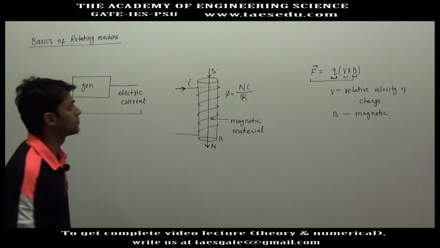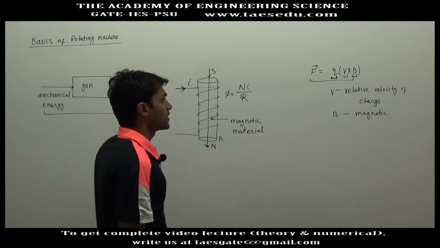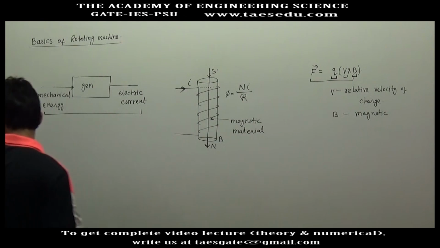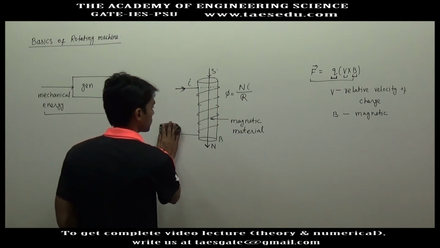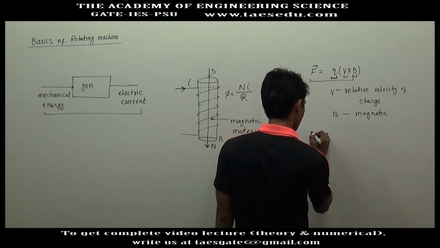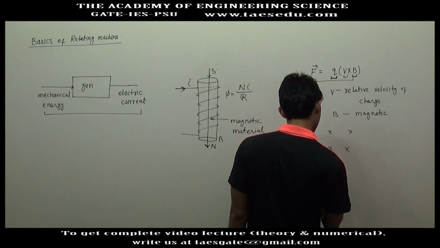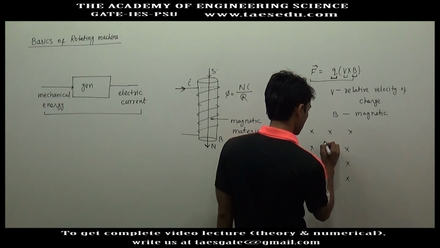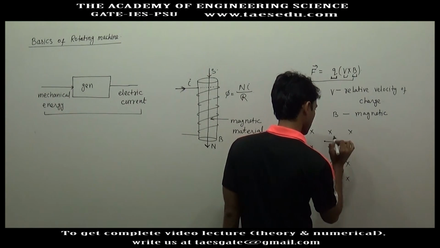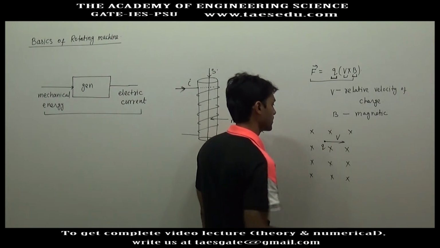Okay, so this way we can have magnetic field. So suppose there is a magnetic field. Suppose this is the direction of magnetic field, and a positive charge Q is moving in the right direction.